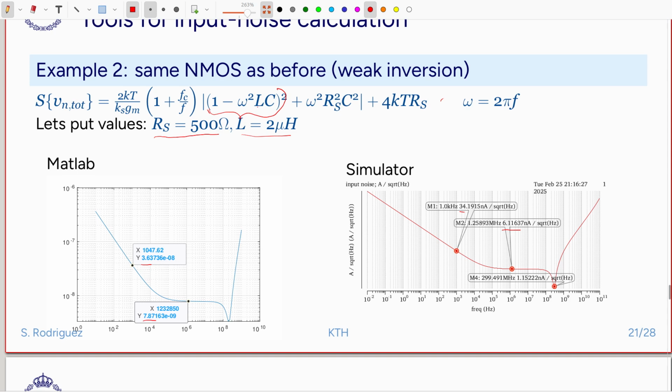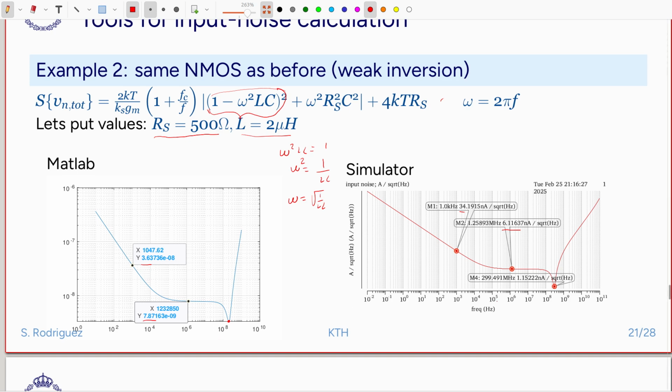This factor is minimized when omega squared LC is equal to 1, so when omega is equal to the square root of 1 over LC. So at this particular frequency, this part is going to be minimized. And then we can see it. Our equation captures this frequency that is minimized.